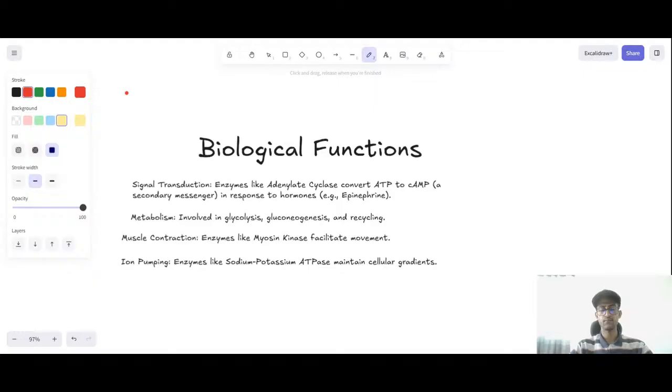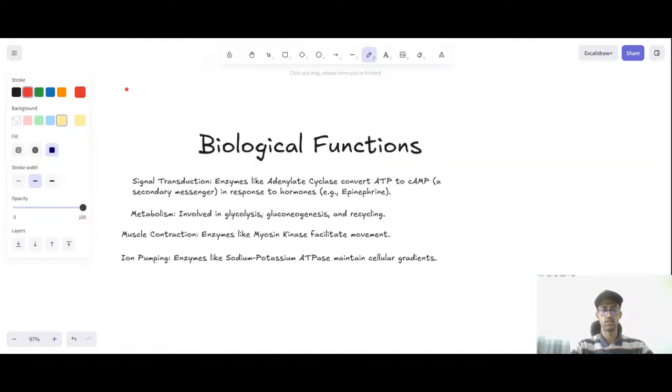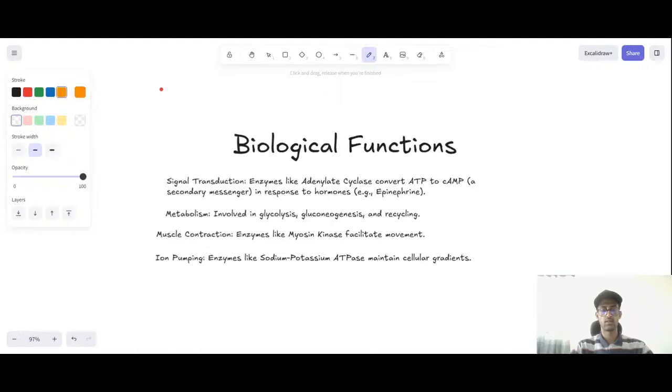So the biological function: signal transduction, with enzymes like adenylate cyclase, which converts ATP to cAMP, a secondary messenger in response to hormones.